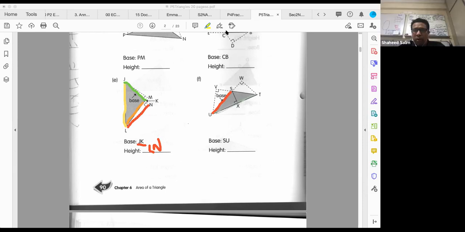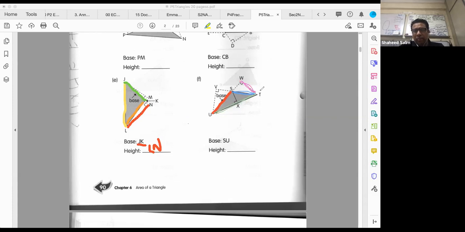Okay, or is it the blue one the height? Or is it the pink one that's the height? Nayumi, the clue is it must meet at 90 degrees. Which one is the height, Nayumi? The green, the red, blue, or the pink?